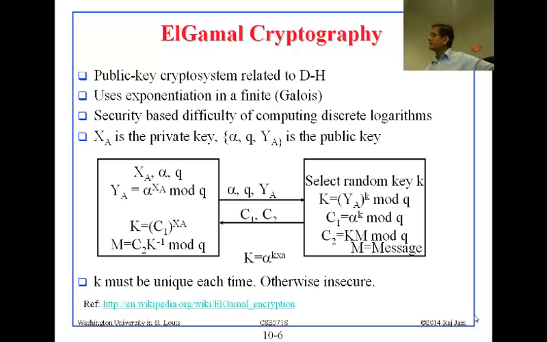However, K must be unique. Each time you use this, you start with a new K, and then you get a new C1 and C2. Every time you use the same key, you are giving more data to the hacker. We will see throughout the rest of this course that we change keys very often.